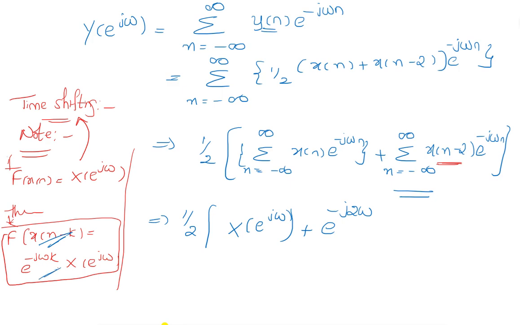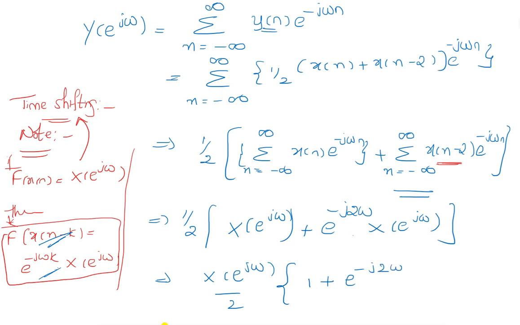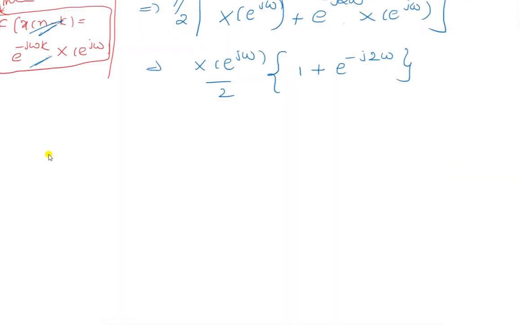Taking X of e to the power of j omega as common, we get X of e to the power of j omega by 2 into 1 plus e to the power of minus 2j omega. So Y of e to the power of j omega is equal to X of e to the power of j omega by 2 into 1 plus e to the power of minus 2j omega.